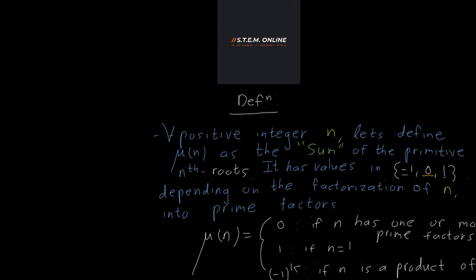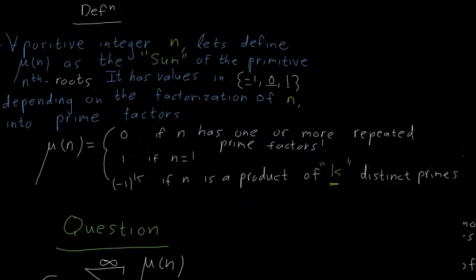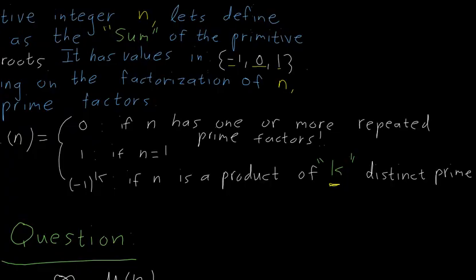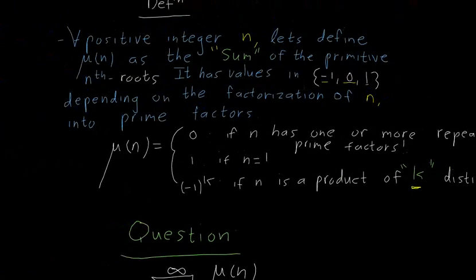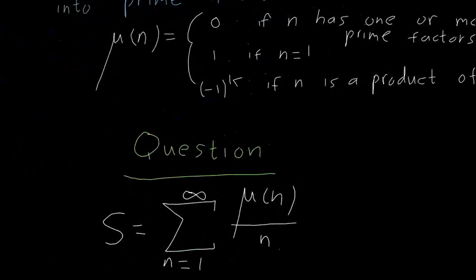The last case: it is -1 to the k if n is a product of k distinct primes. It has to be a product of k different primes to get -1 to the k. I hope that defines what mu of n is in our infinite series.